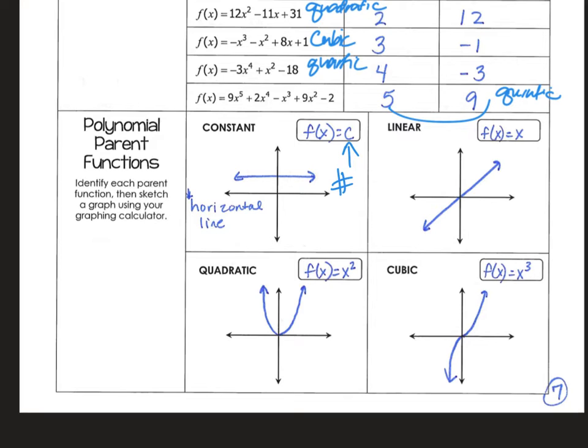Quadratic we worked with, this forms that parabola shape, f of x equals x squared, centered at 0, 0, opening up. Now a cubic function is degree 3, and it kind of wiggles, is what we call this, as it goes through 0, 0. So it kind of scoots around. It's going down on the left and up on the right.